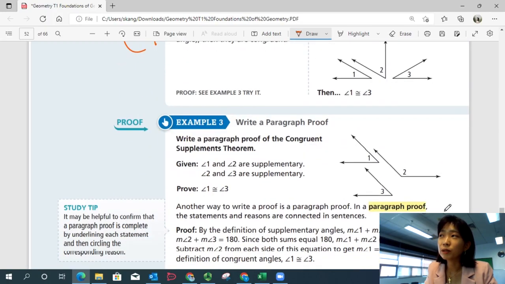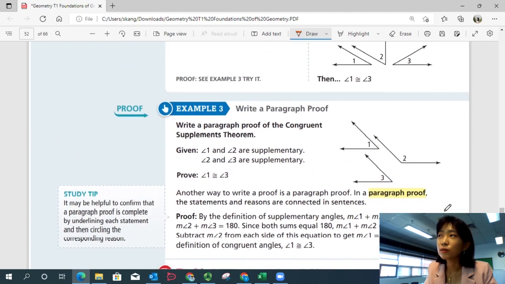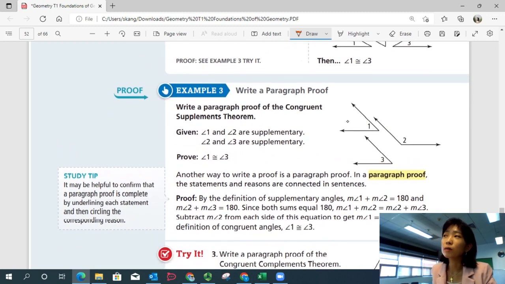Write a paragraph proof. Write a paragraph proof of the congruent supplements theorem. What is a paragraph proof? Paragraph proof is when you write all the statements and reasons connected in sentences.